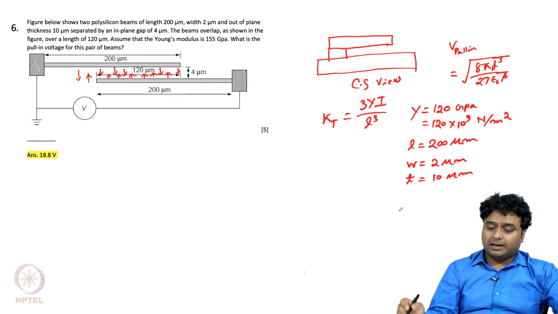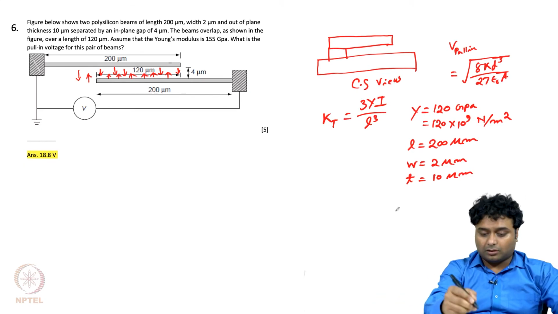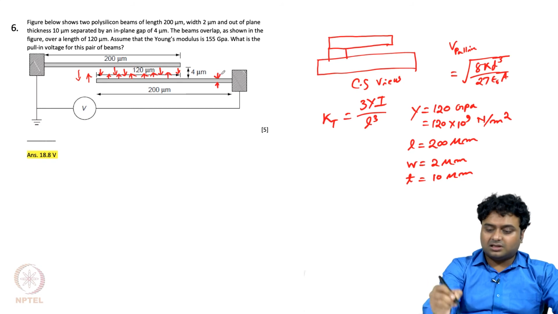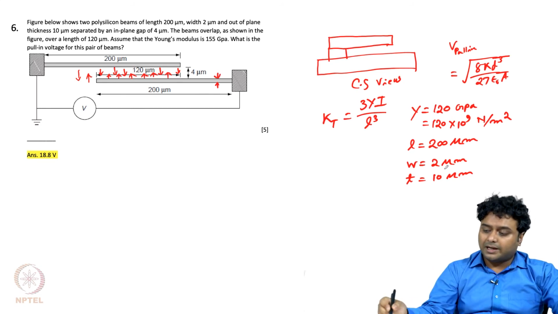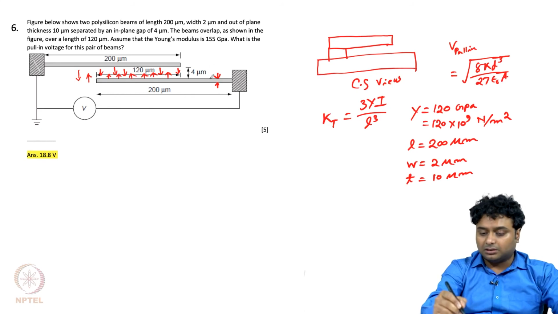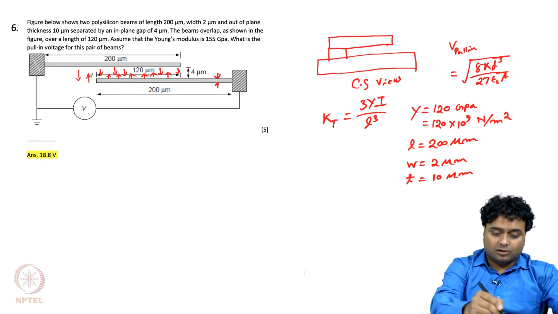Now you see here W is 2 micron, that means this thickness is 2 micron, this width is 2 micron, whereas the thickness is 10 micron. Now this beam is moving in the plane, right, in top and bottom direction, like this, as I have drawn here.